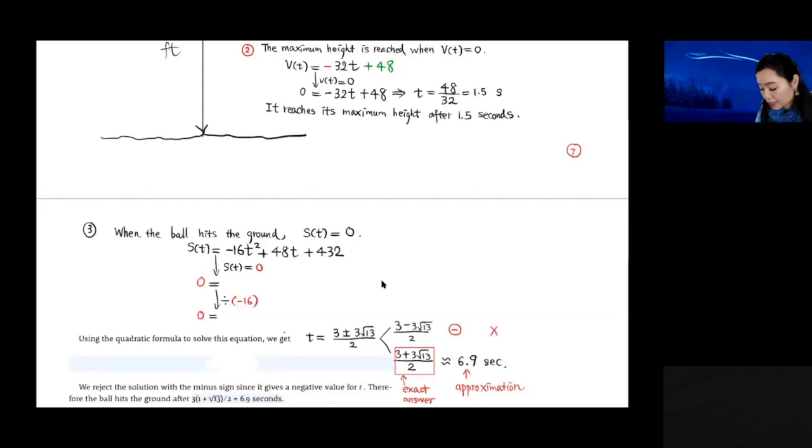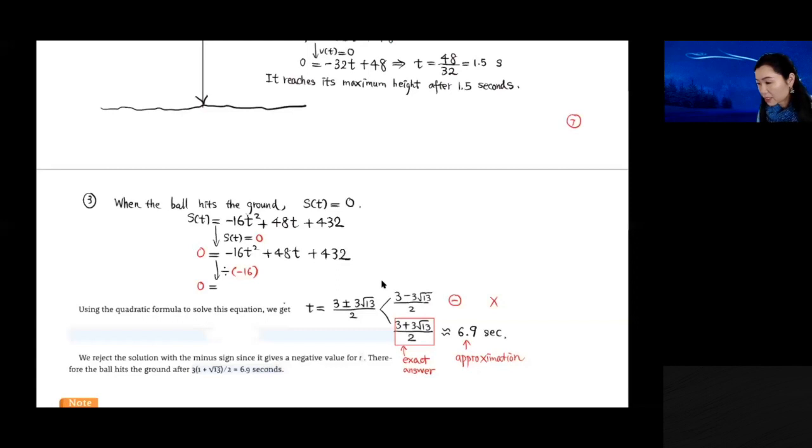So you set S(t) equal to 0. Then you get negative 16t squared plus 48t plus 432 equal to 0. It might be easier to divide by negative 16 on both sides first. Then you get t squared minus 3t minus 27.